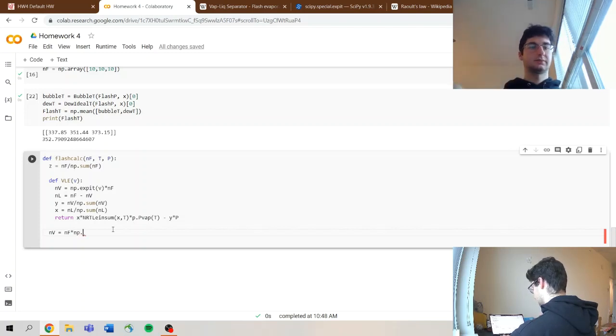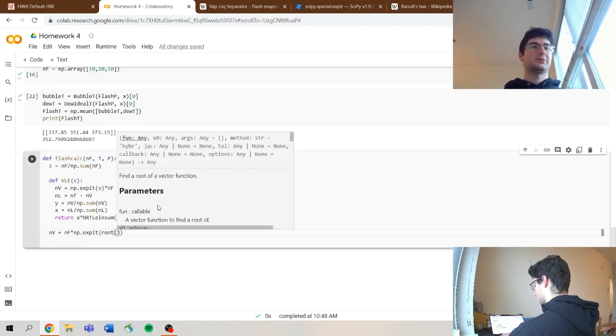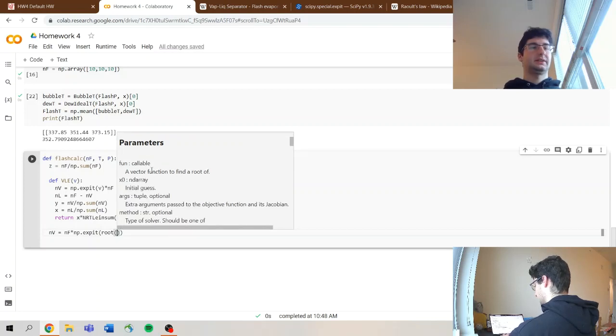our x bit function. And what we're going to do here is find the root of this. So let's use the root function. As a reminder, root finds the vector root of a function, and it needs a function.